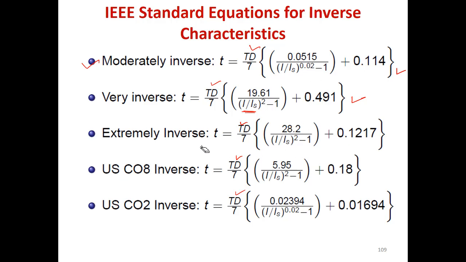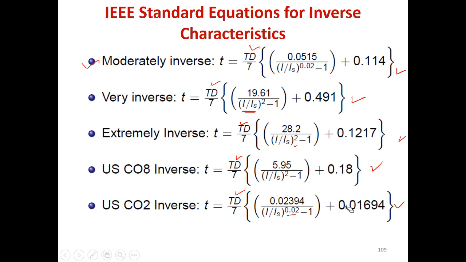Here we can see for extremely inverse it is the same, but the coefficients are different. For US CO8 inverse, it is also a square, and for CO inverse the power is 0.02, right? So there are many standard equations and standard characteristics.